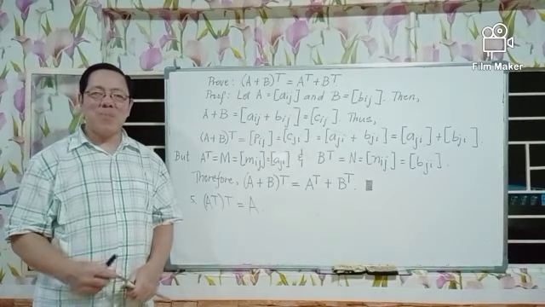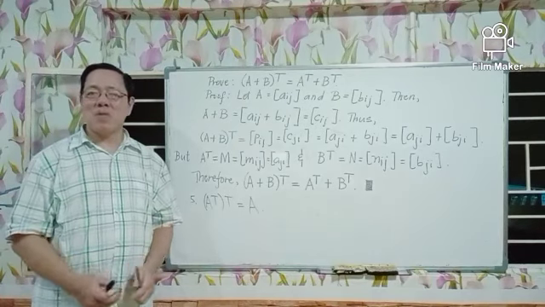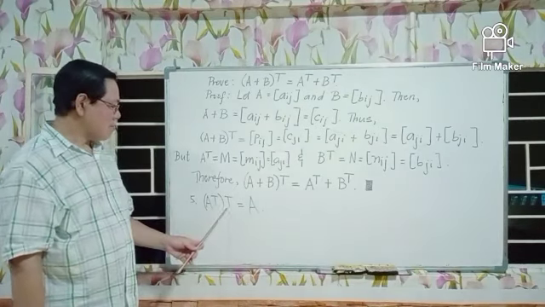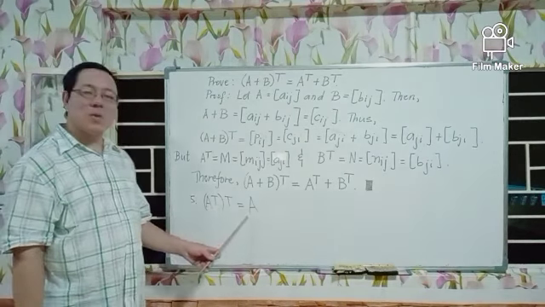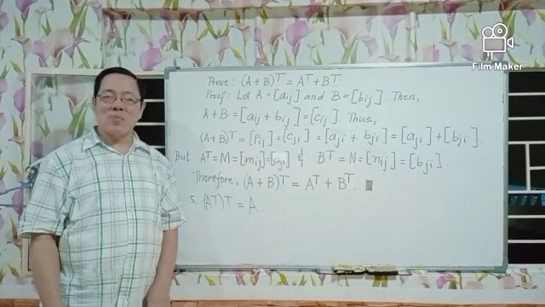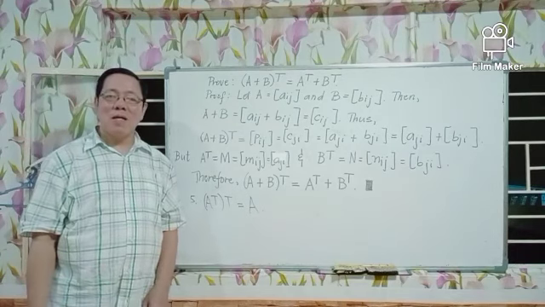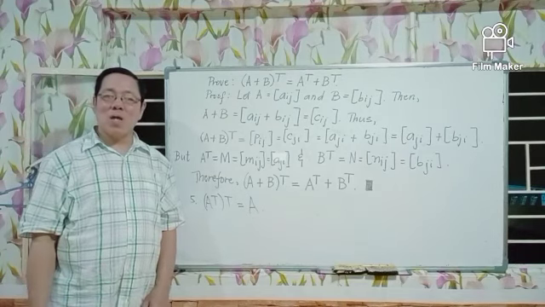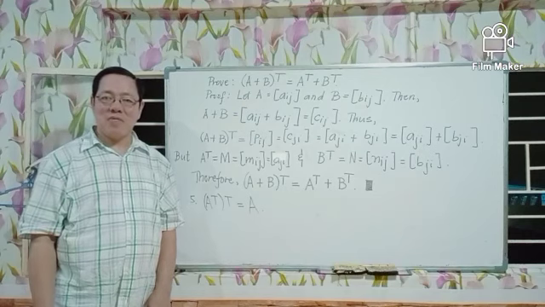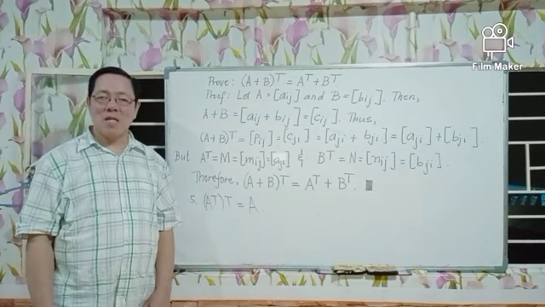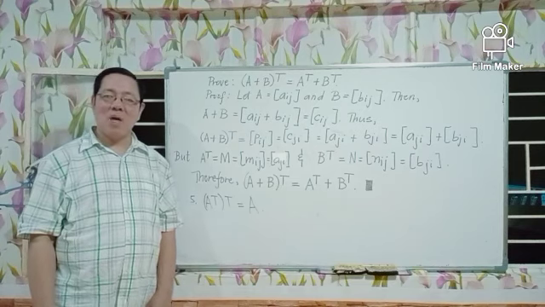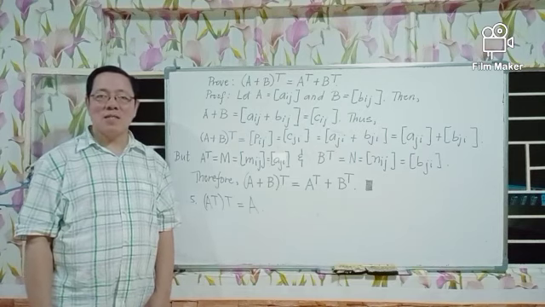The last property of matrix transpose says that the transpose of the transpose of A is equal to A. If you get the transpose of a matrix twice, then the result will be equal to the matrix given. Very similar to the property of complement of set. The complement of the complement of a set is equal to the set.